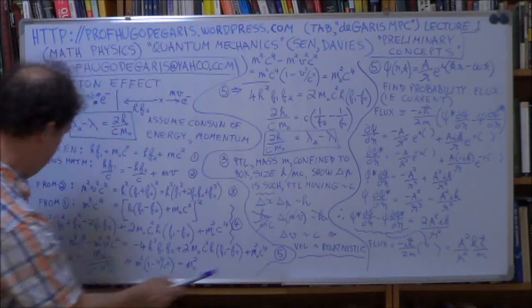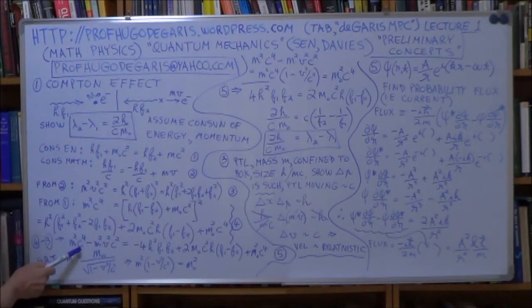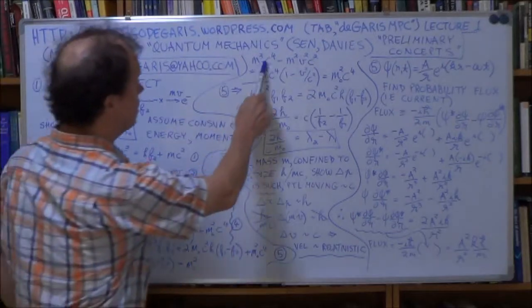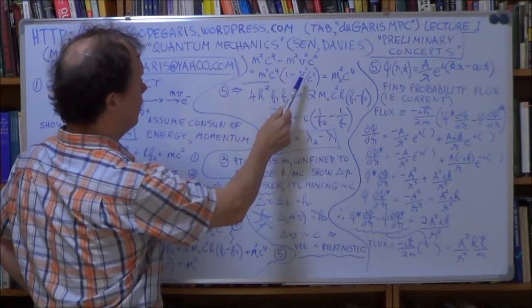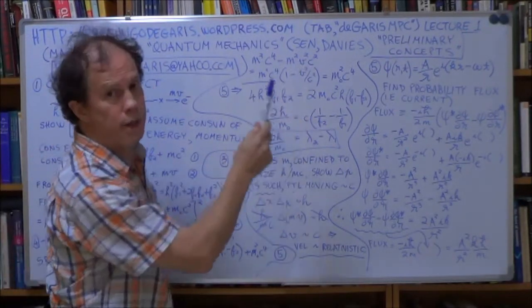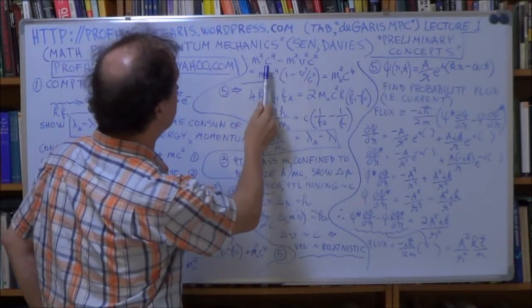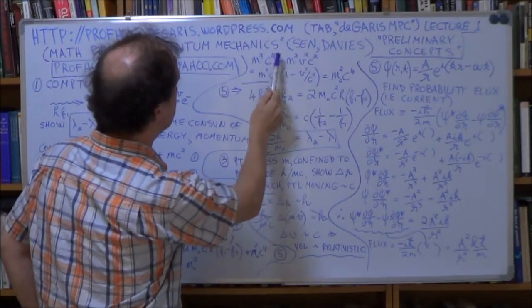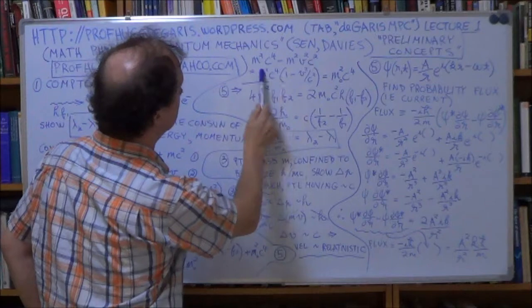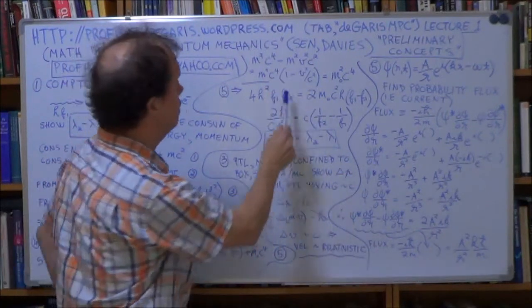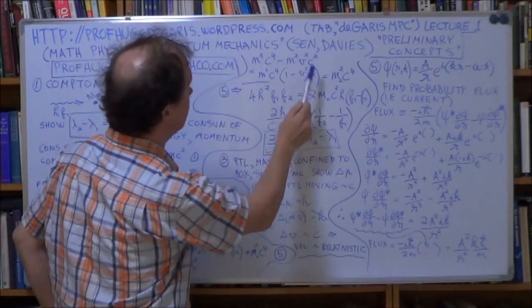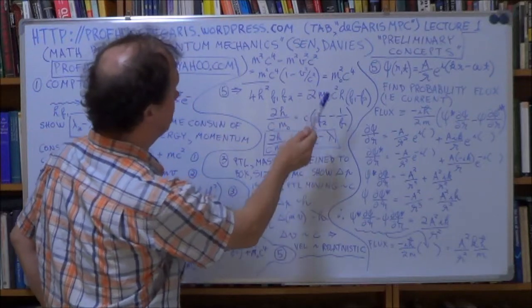So equation 5 now is m squared c to the 4th minus m squared v squared c squared, and that's here. Now these two terms have something in common, namely m squared c to the 4th. So take that outside, and now inside the brackets you'll be left with 1 minus v squared over c squared. Okay.